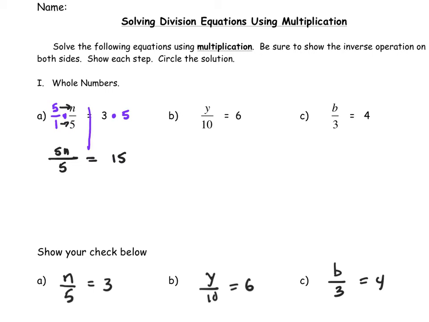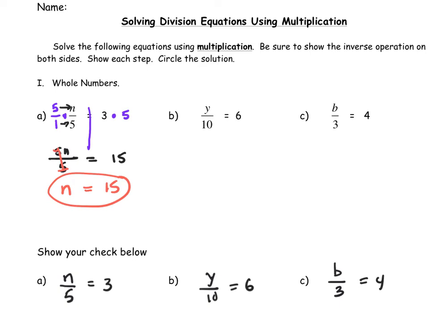So I have one more step now when I use this in fraction form, because my goal is to get n by itself. So if I realize 5 divided by 5 is 1, and using the identity property, 1 times anything, or 1 times n in this case, is just going to be n. There it is, my variable. Yay! And we've already established that the other side equals 15.